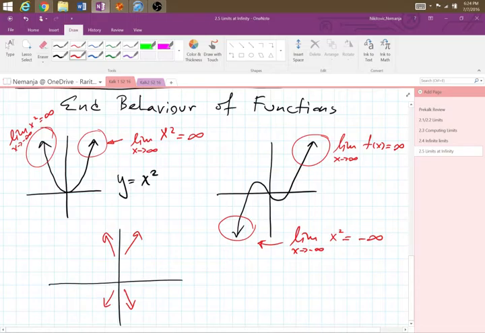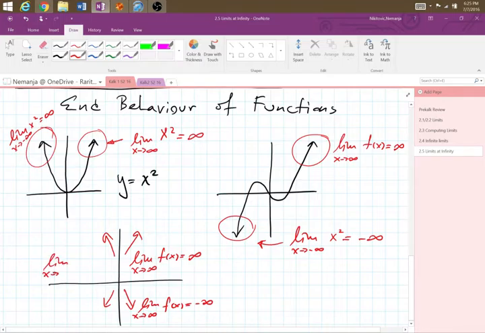Obviously, if it's a constant, you get a horizontal asymptote, because the limit as x goes to infinity gives you a finite number. So this one is the limit as x goes to positive infinity of f of x giving positive infinity, and then the limit as x goes to positive infinity of f of x giving us negative infinity, because it is going down.